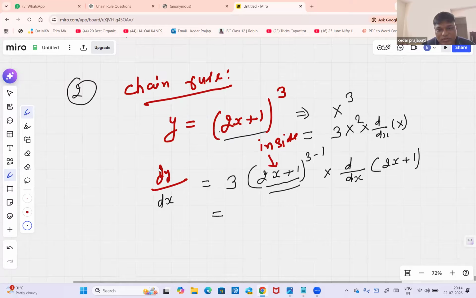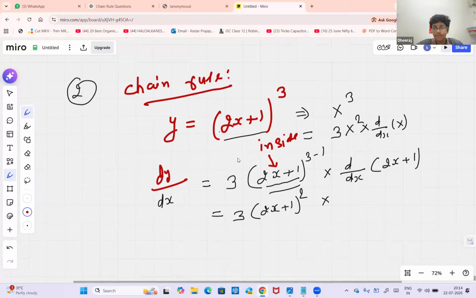Now this is easily differentiated already. We are just simplifying it. Now each term will be differentiated.